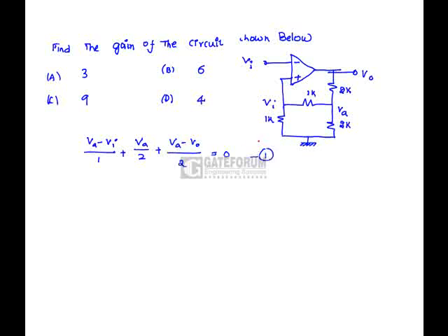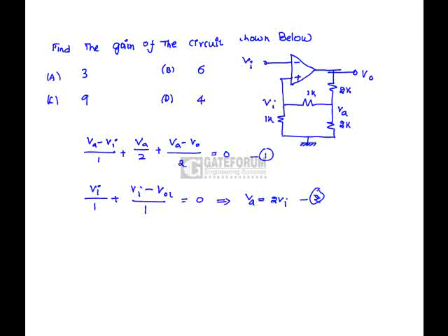That is equation 1. If we apply KCL at node VI, that is VI by 1 plus (VI minus V0) by 1 equals 0. From this equation we get VA as 2VI.